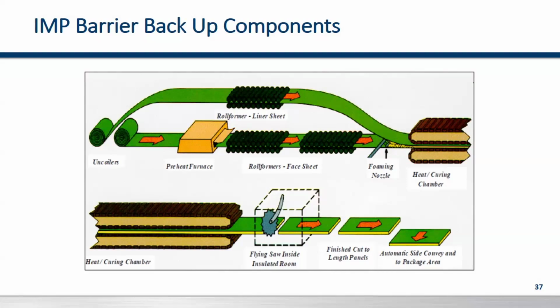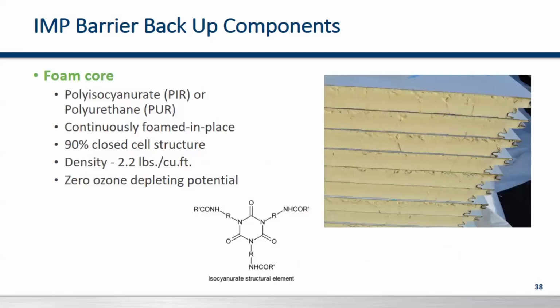Once again, the IMP is taking all of the items and putting them into a single component versus multiple separate components. At the core of that is the polyisocyanurate foam core, which is boosting R values up to an R8 per inch, which allows for a thinner wall assembly at a higher R value versus traditional components.